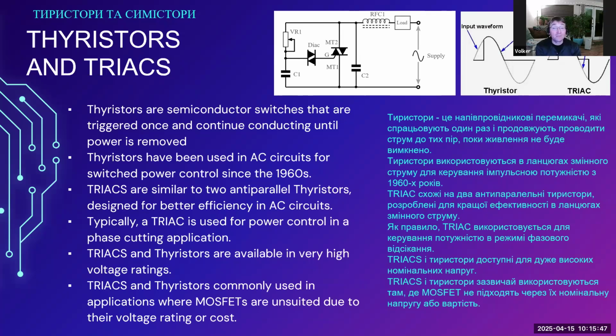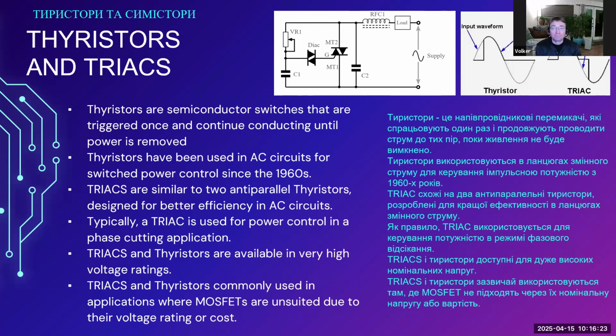So that makes them ideal for alternating current applications, because in alternating current applications, the supply voltage is being pushed to zero all the time. Twice per period, you're hitting 0 volts, and that resets the triac. A triac is essentially two anti-parallel thyristors, so that it can be fully used for AC.